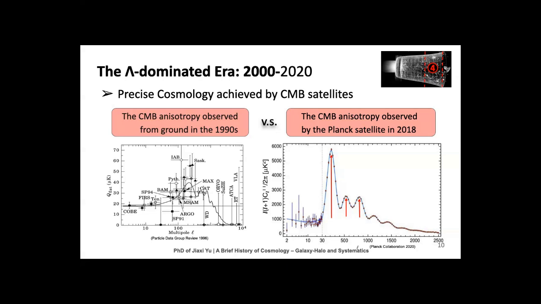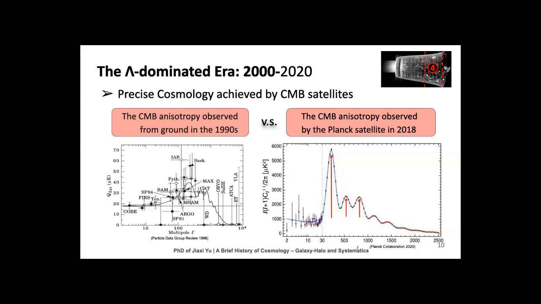We have measurements below the percent level of this curve, and in this curve is encoded a lot of the parameters. That was back in the 1990s. You see, we had data points with huge error bars, and the theory was this line. So you could put any theory through your data points.